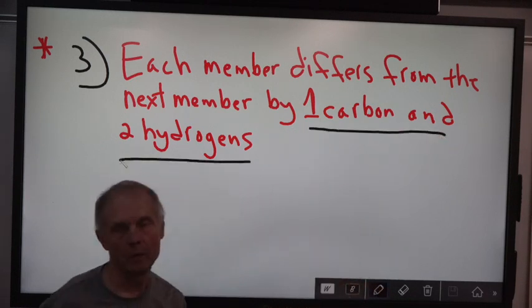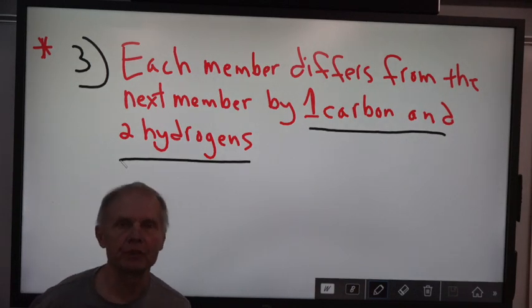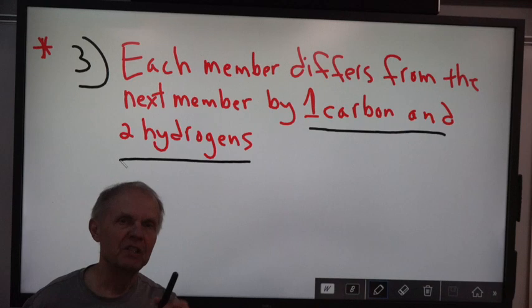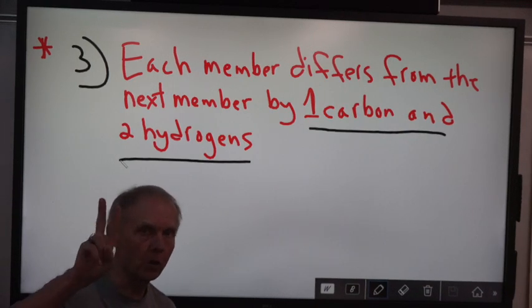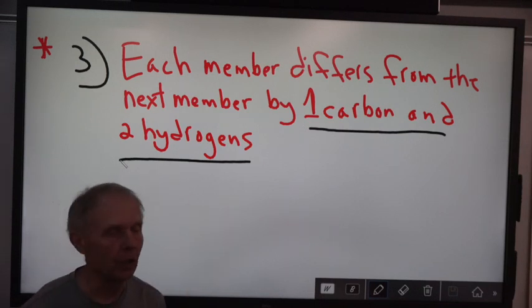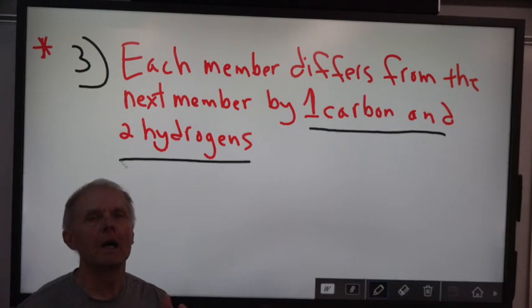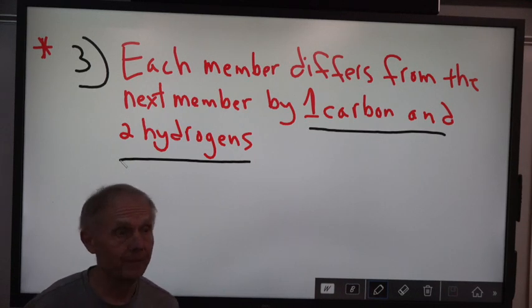Yeah, this is the important one. If we're only going over the first 10 members of each hydrocarbon series or homologous series, each member differs from the next member by 1 carbon and 2 hydrogens. Okay? That is very, very important. So those 3 things are what make up the definition of a homologous series. All right? Homologous series, the same throughout.